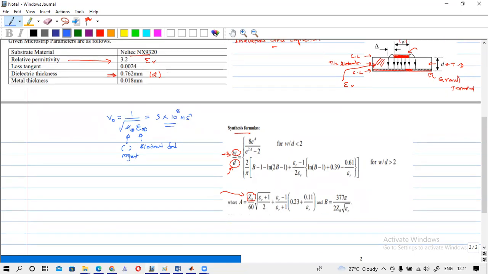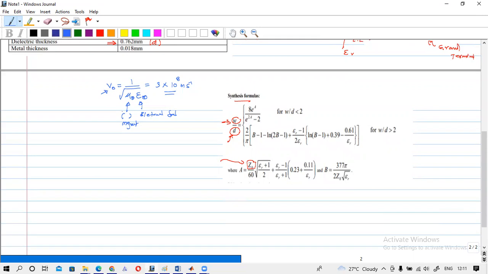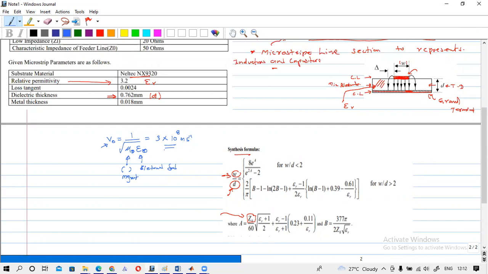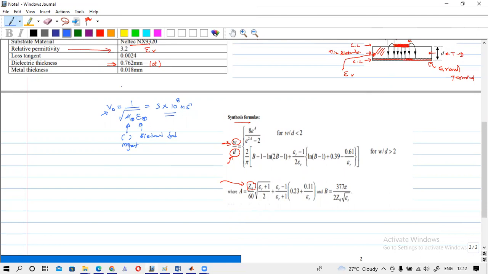This velocity applies if the electromagnetic wave is traveling in free space. But if the wave is traveling in another material, the velocity is 1 by root of mu naught mu r and epsilon naught epsilon r.